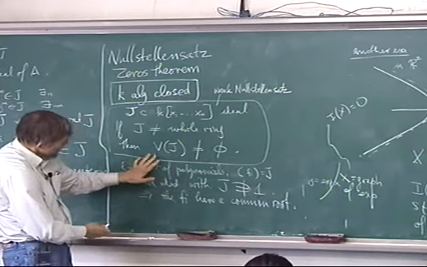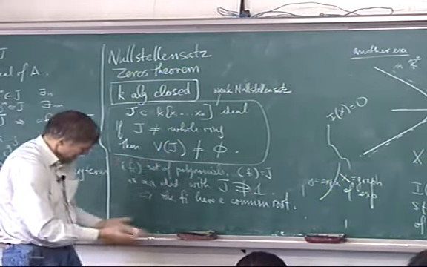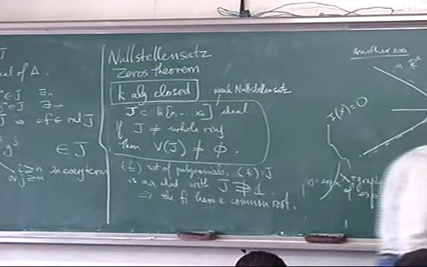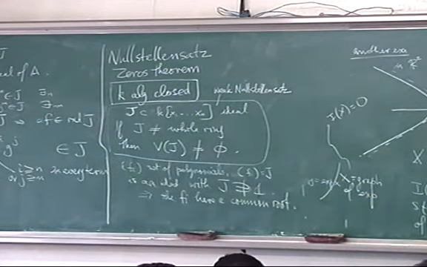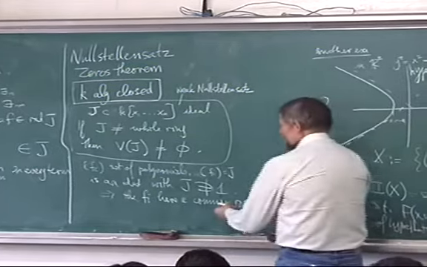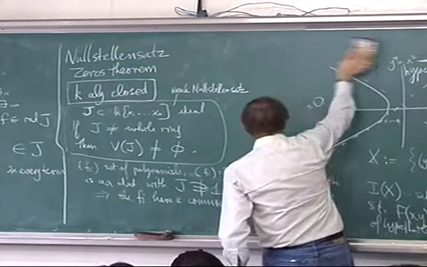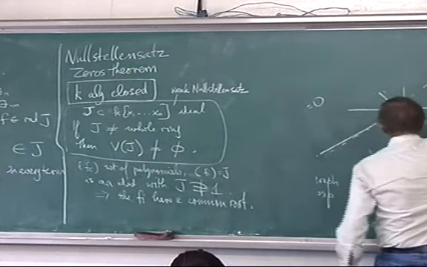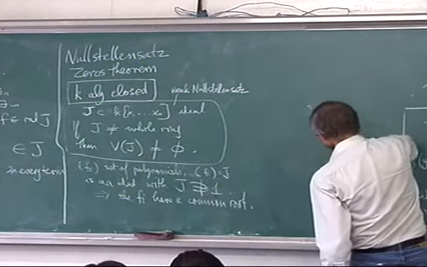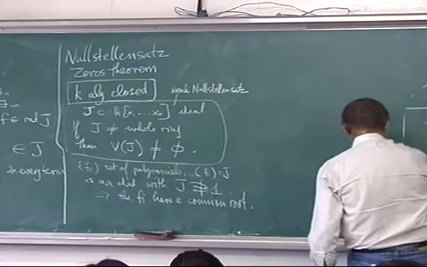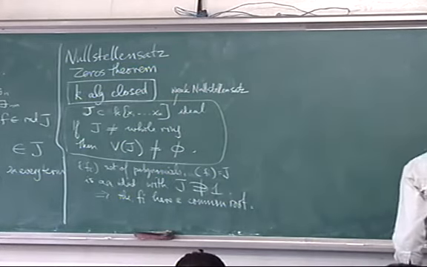This looks pretty trivial, but it's going to take a whole lecture to prove. If you think it's trivial, you can go away and try and prove it for yourself, and eventually you'll end up looking at one of the textbooks, because it's not trivial.